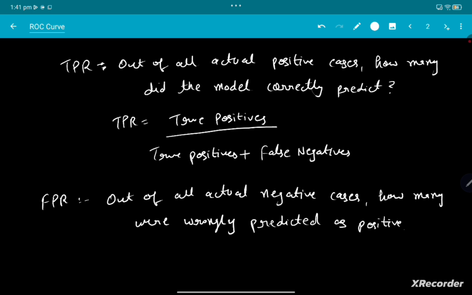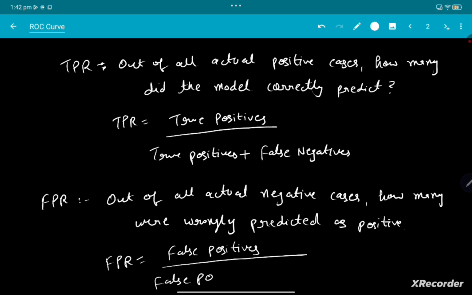Its formula is false positives divided by false positives plus true negatives.